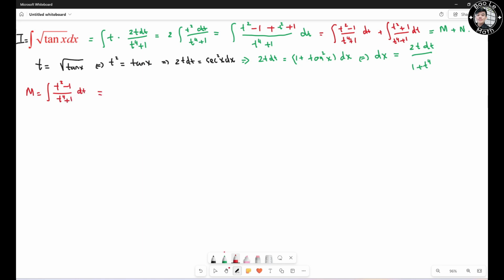In order to calculate this integral, I divide the top and bottom by t squared. So it turns out to be the integral of 1 minus 1 over t squared, over t squared plus 1 over t squared, dt. Now on the bottom I add and subtract 2.